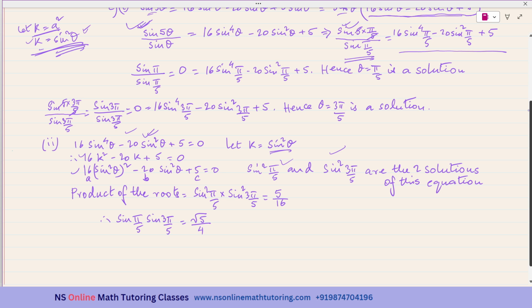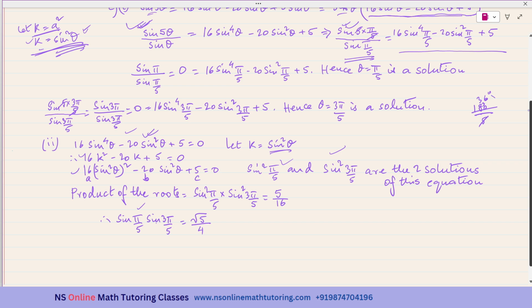Why? Because pi over 5, which angle is it? Pi is 180. 180 divided by 5, you can just do it over here. It is 36 degrees, from the first quadrant. So sine pi over 5 will be a positive number. Sine 3 pi over 5. Pi over 5 is 36 degrees.